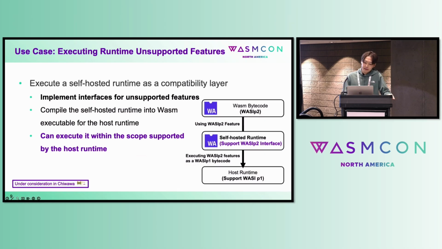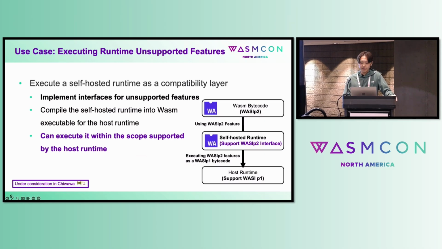The final use case is executing Wasm features not supported by the host runtime. In this use case, the self-hosted runtime is executed as a compatibility layer. We implement the interface and functions of the unsupported features.